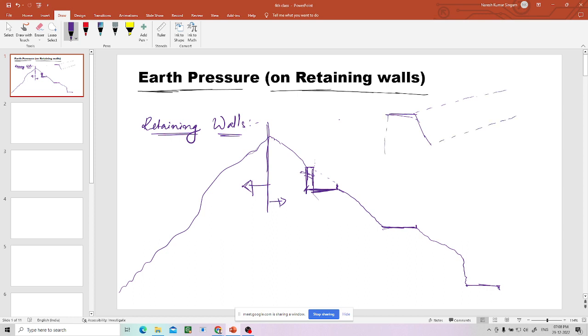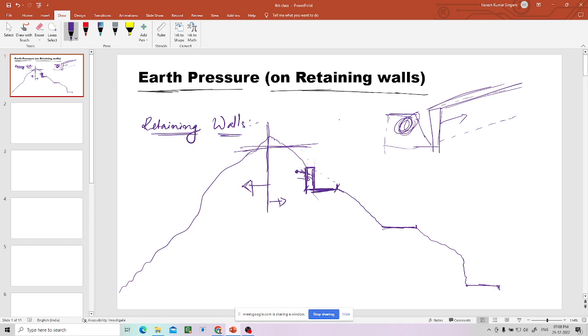If you want to construct a retaining wall, it will be longitudinal like this to support this soil. But here the retaining wall may be somewhat round, because the hill is circular in shape if you cut any horizontal cross section. So there should be a wall here so that the fall of soil will not happen.